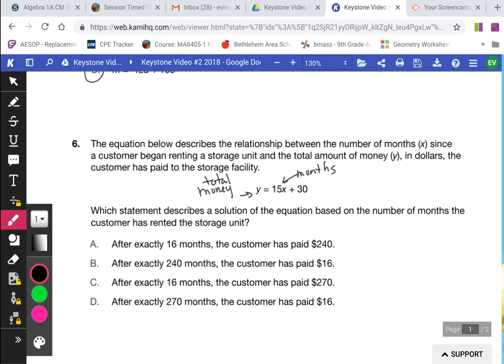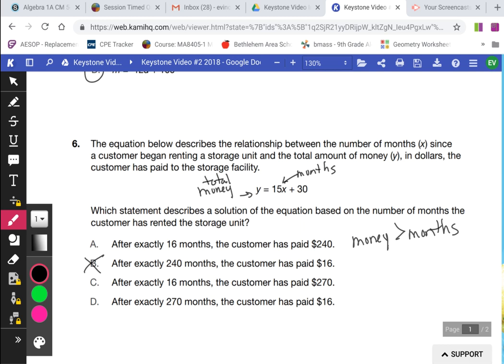So the first thing that we can figure out, and we can maybe eliminate some things, is that money is going to be bigger than the number of months. In letter A, the months is smaller than the money, so that one works. In letter B, the number of months is bigger than the money paid, so that doesn't make any sense.